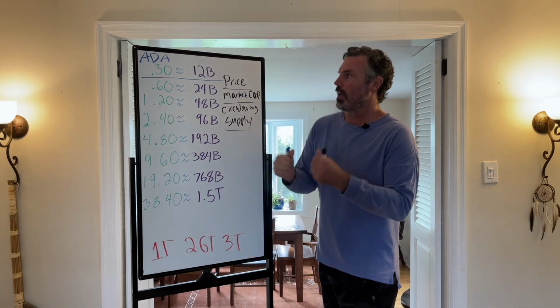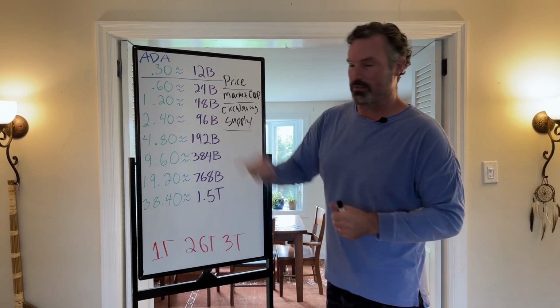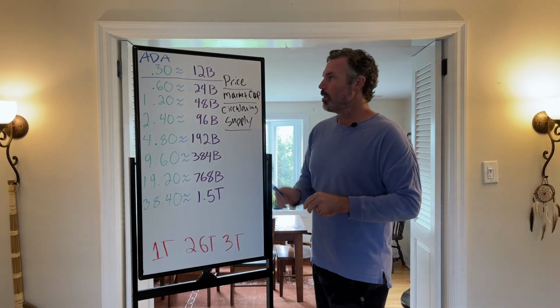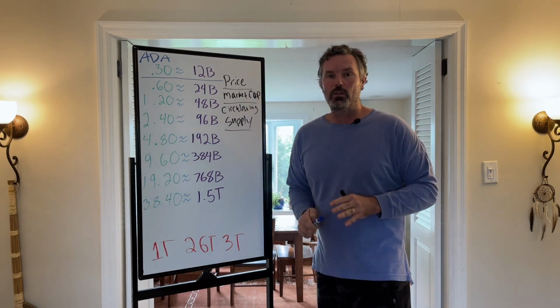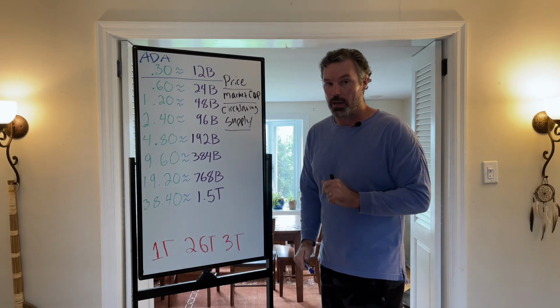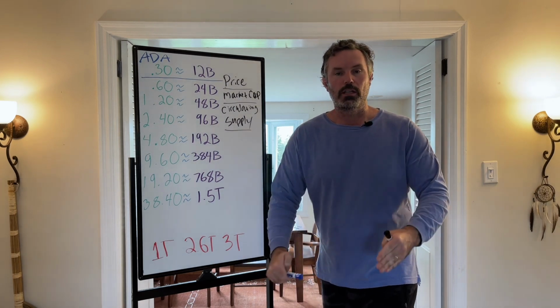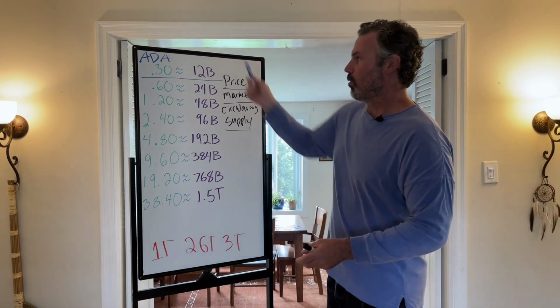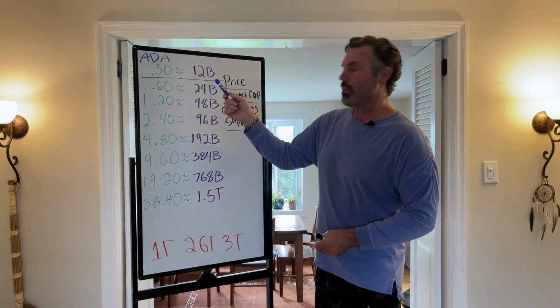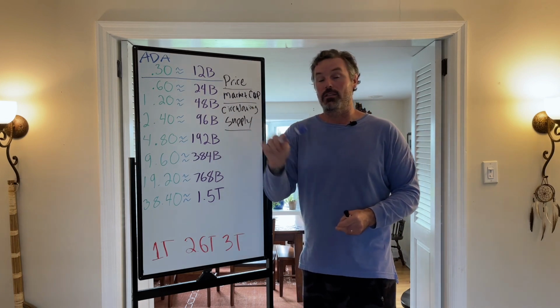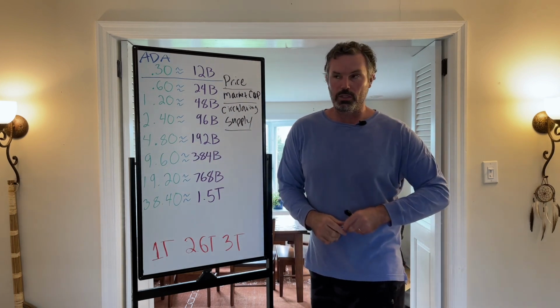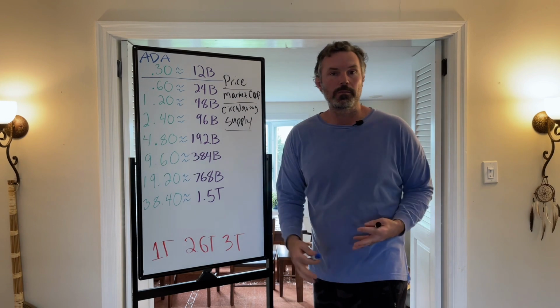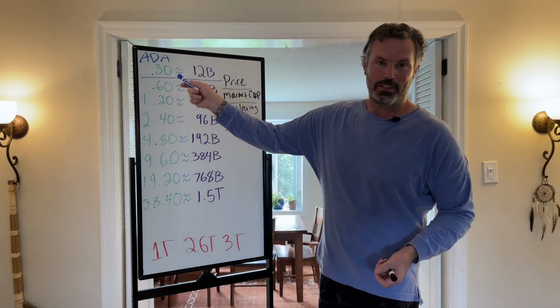Now, how do we calculate the price of something? Okay, if we want to find the price, what we're going to need to do is divide the market cap by the circulating supply. Okay, so if you take $12 billion and then you go look at the circulating supply of ADA, which is around 34 billion, you're going to get 30 cents.